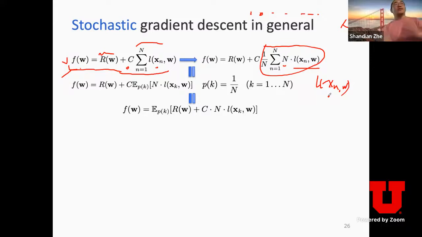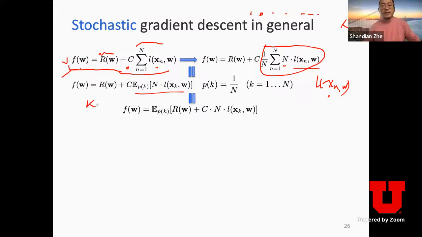If you want to calculate the expectation of this loss function under your die-rolling experiment, it will give this. Here k is the index of the data point you choose by rolling the die, and you have an equal chance to select any data point in the whole training set.